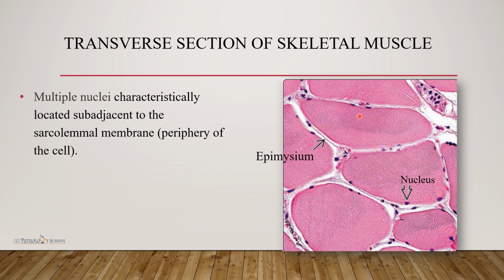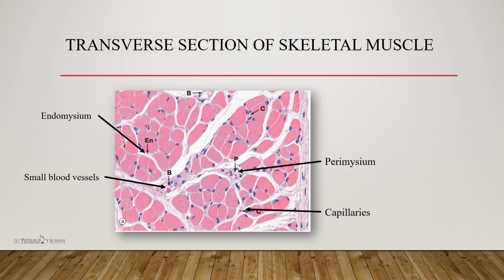This is a single muscle fiber. This is another transverse section of the skeletal muscle, where we can appreciate the perimysium which covers the fascicle. Here this is also a single muscle fiber, covered by endomysium. These are small blood vessels and capillaries.